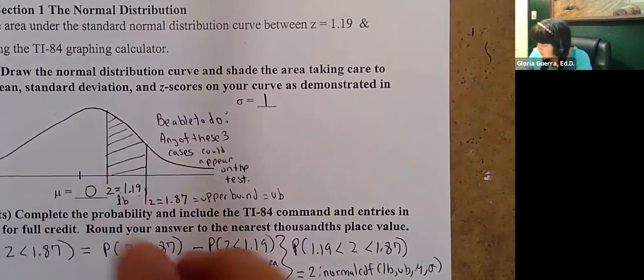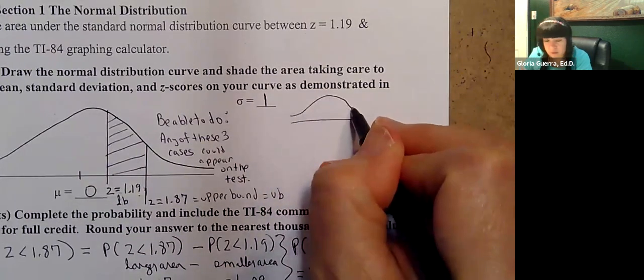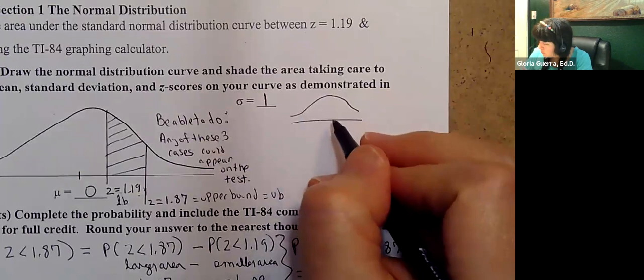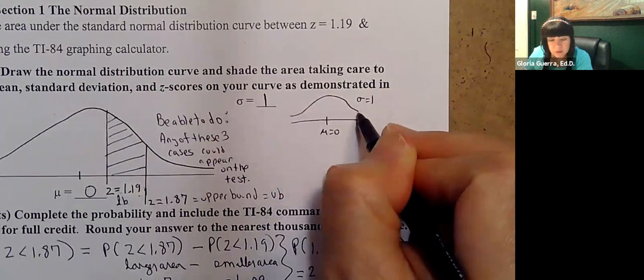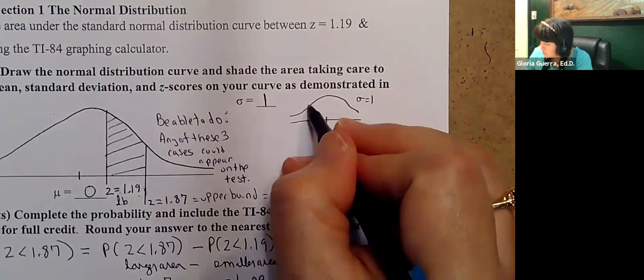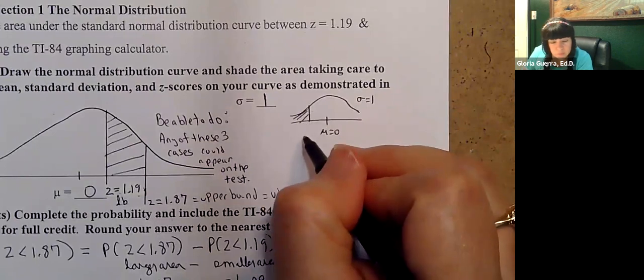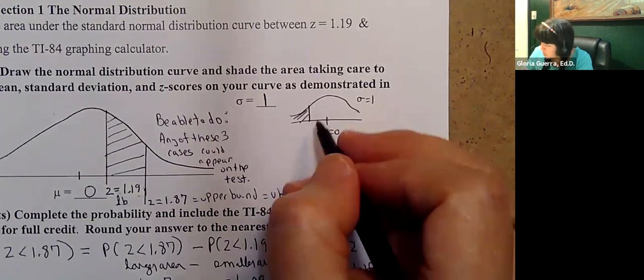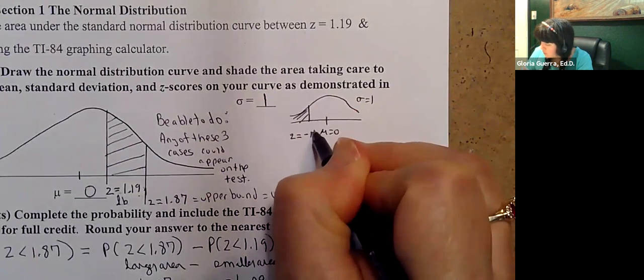This was the sandwich in between. And then there was the easiest case, which is when you have areas where mu is 0, sigma is 1, but you have areas to the right of the curve. So z equals a negative number.